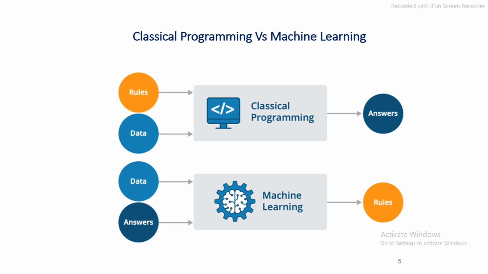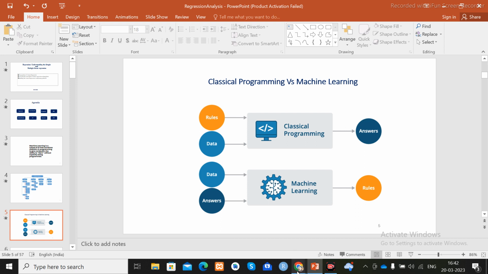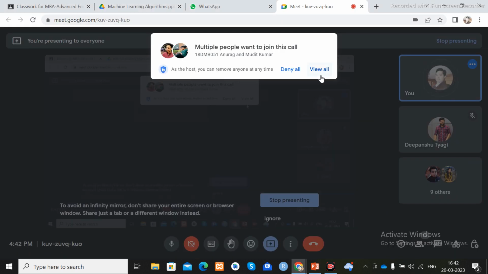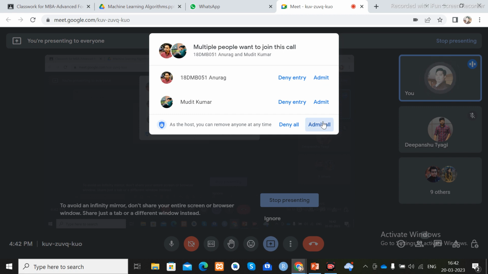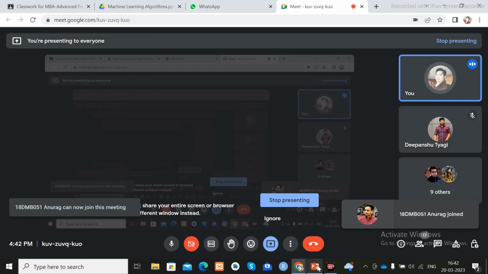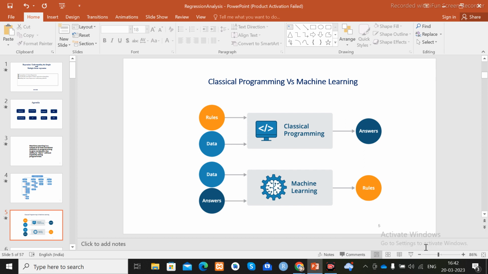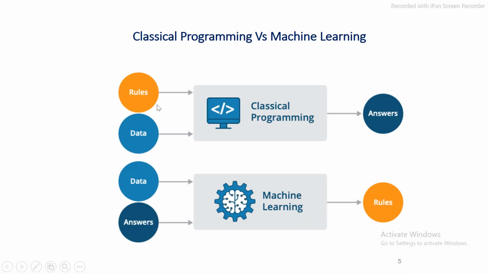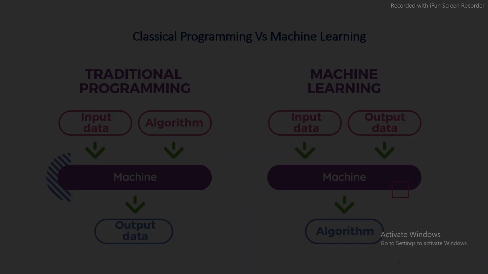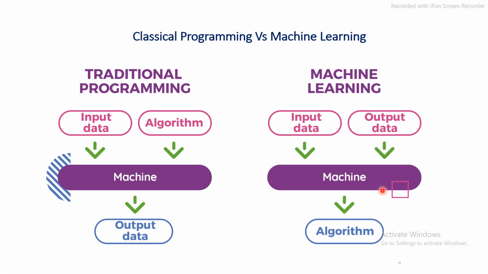But in traditional programming we have to rewrite it again and again, because every time you tweak the data, you have to tweak the algorithm, that is your rules, as well. But here, based on data and output, the rules will be easily governed. So this is just an extension of your previous pictorial, a similar one.